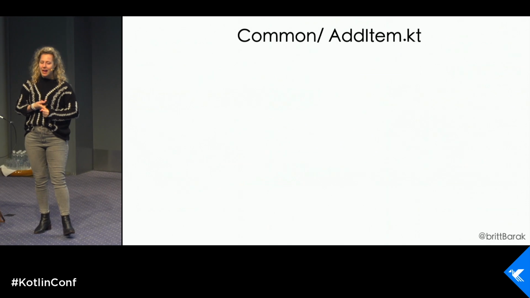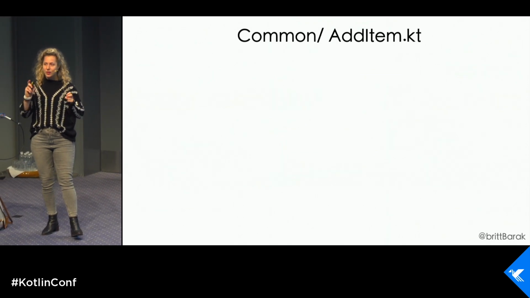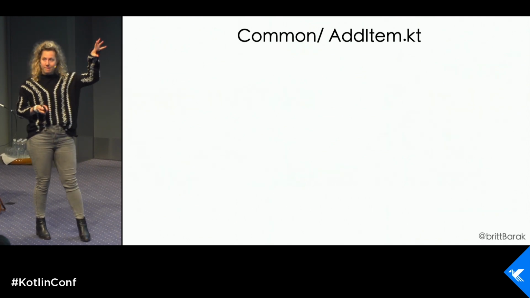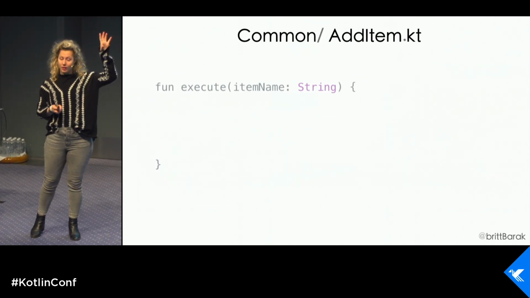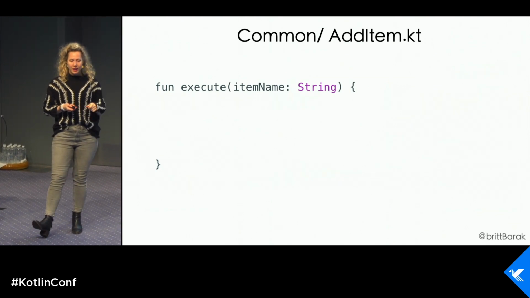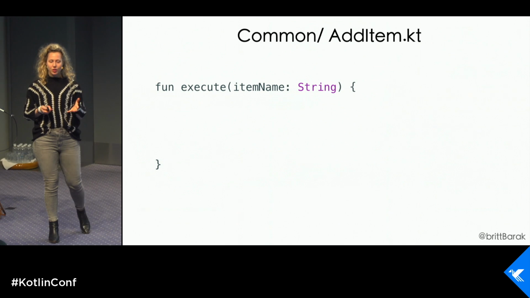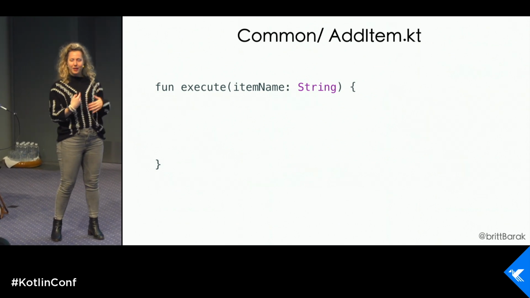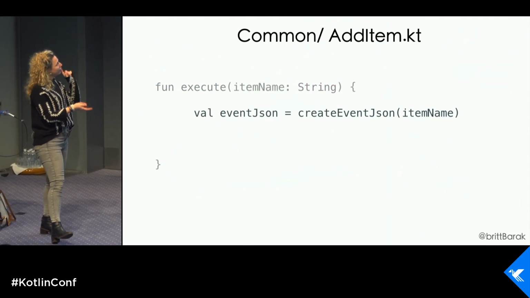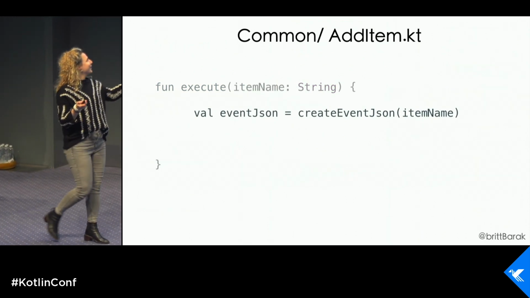So what is this add item use case object? What would it contain? In the common library, in the common code, I would say, okay, we're gonna execute a new item, meaning to add a new item with this name.